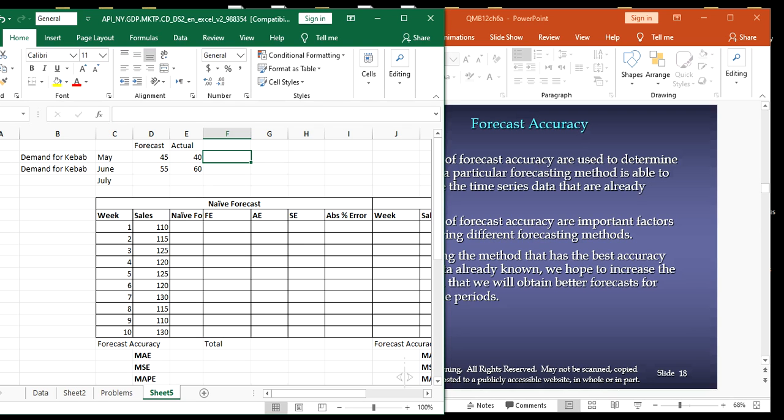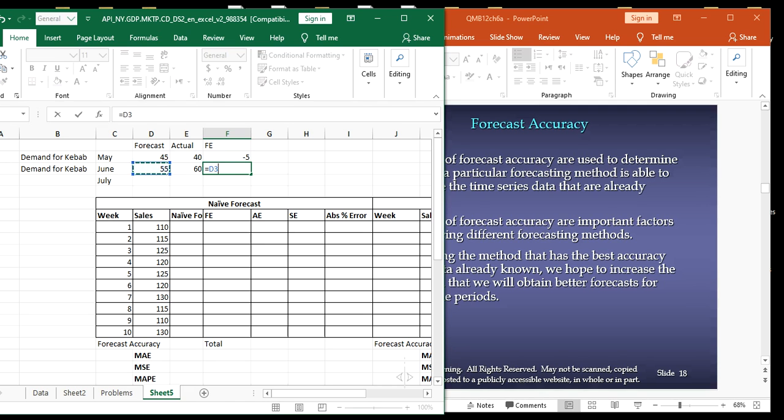So now the forecasting error, I would say in abbreviation, forecasting error is equal to the actual minus the forecast, okay, minus 5.